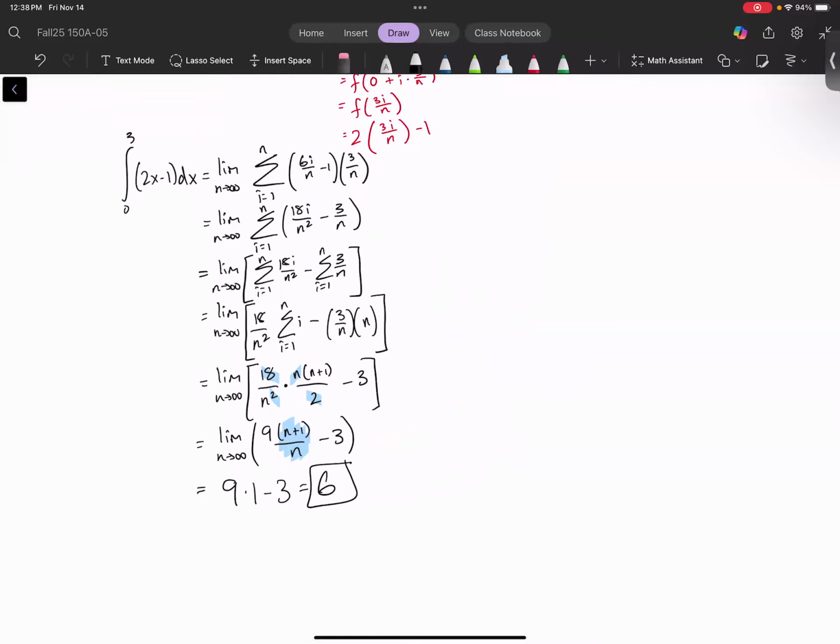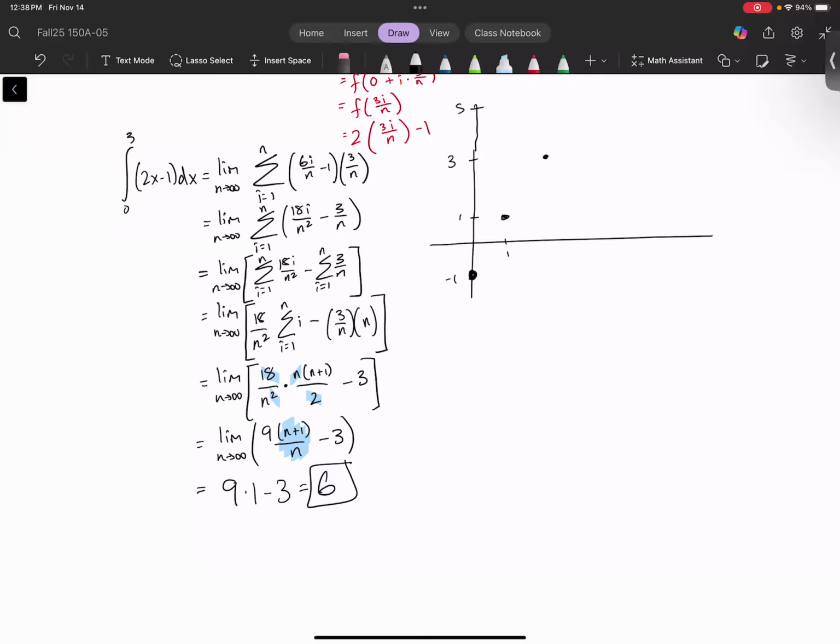Now, let's take a step back here and draw the picture. What do we have? Well, 2x minus 1 has a y-intercept of minus 1, and it has a slope of 2. So here's minus 1, here's 1, here's 3. If I go up 2 over 1, up 2 over 1, I have to go a little further.